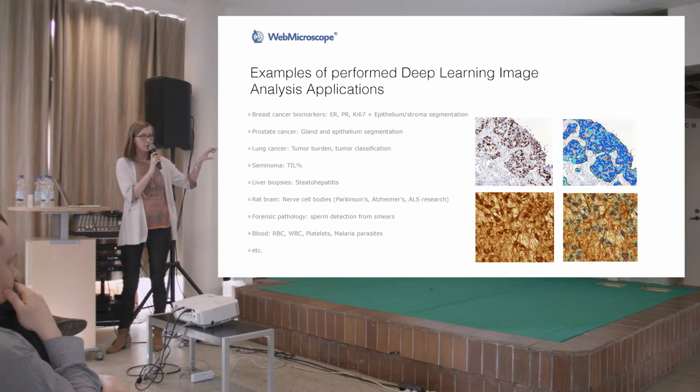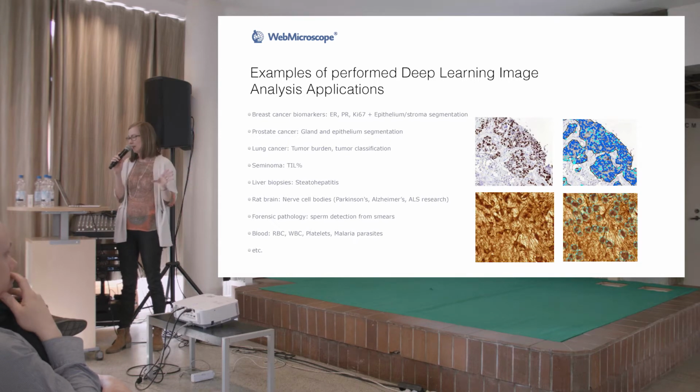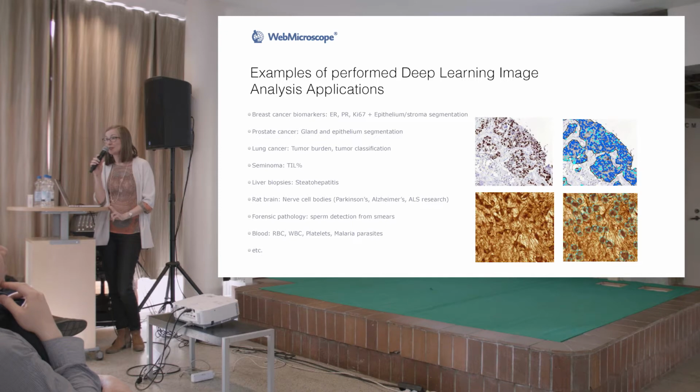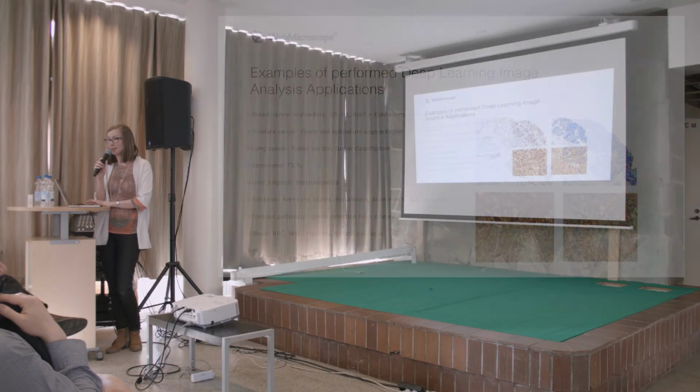It's a really awful looking network and mesh where the researchers need to quantify the number of nerve cell bodies in these samples, and it's a pain for them to do manually, and we've automated this for them. But basically there are enormous possibilities for different algorithms to be created in this space.